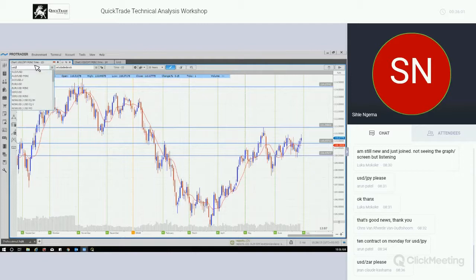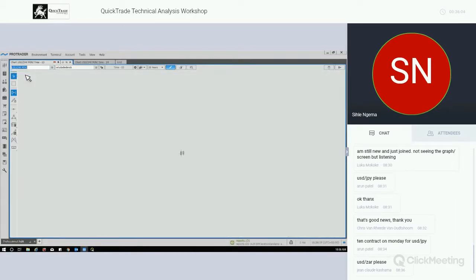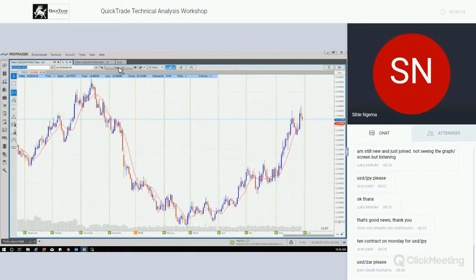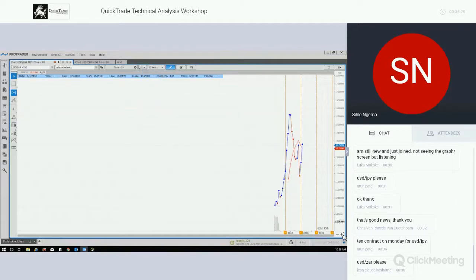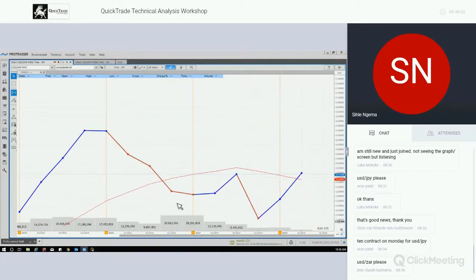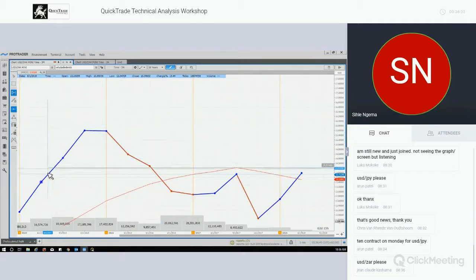Let's look at the US dollar ZAR. We look at the US dollar ZAR mini. Okay, this is our support here.